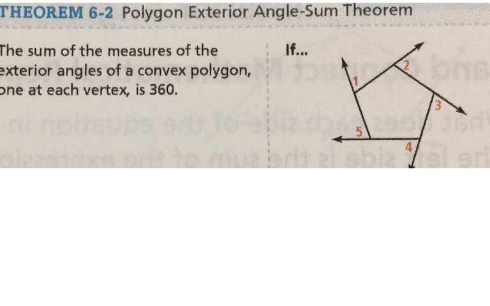So if the inside is 108, that means the outside is 72. And so all of these would be 72. So I've got 5 72-degree angles. Well, 5 times 72 is 360. That's all the angles on the outside adding to 360.